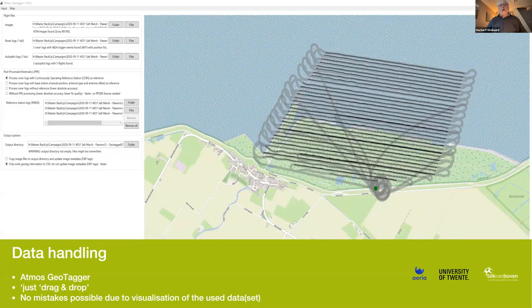If you have done all your flights, if you're ready with it, you go back to the office. And that's where the data handling will start. What I would advise is you will have 3 data streams. One, of course, is all the pictures you've made with Marlyn.